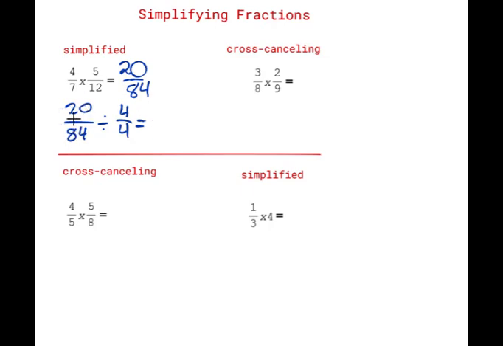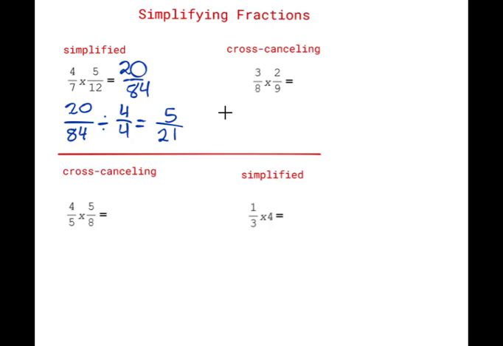Our reduced fraction must be equivalent to our original fraction. So 20 divided by 4 is 5, and 84 divided by 4 is 21. Now the only common factor they have is 1. So we have 5/21, and that would be in simplest form.